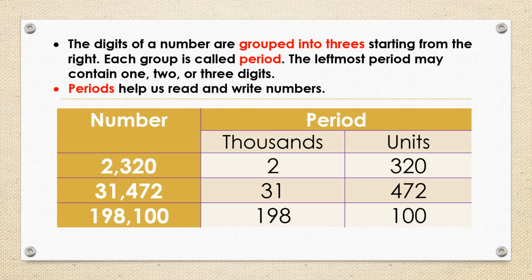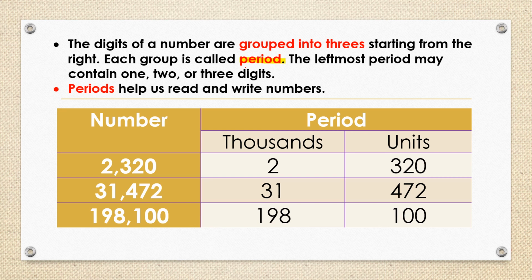You can go over it. The digits of a number are grouped into threes, starting from the right. Each group is called a period. I already mentioned the period a while ago. I keep on telling about that period. So the leftmost period may contain 1, 2, or 3 digits.